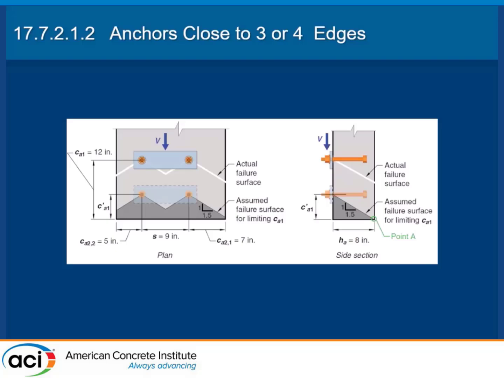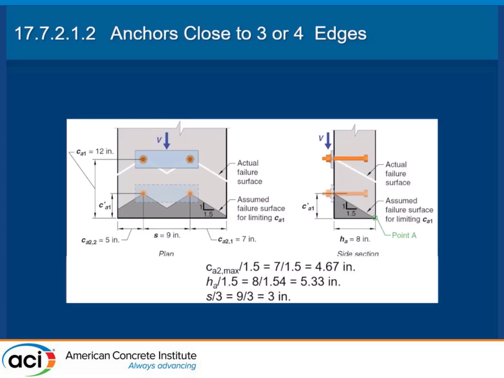Let's think of a precast panel. Just because I move the anchor back further doesn't mean I'm getting any more actual capacity. I actually have a fictitious, or a reality, distance to the edge that I would run my numbers with.